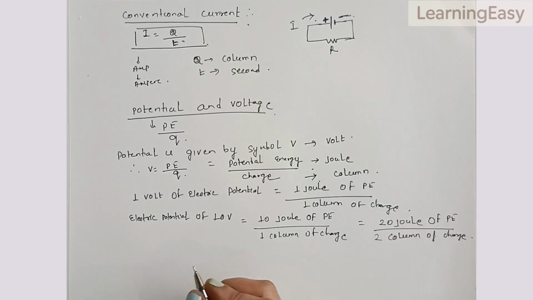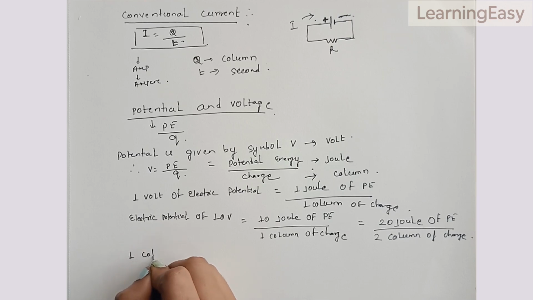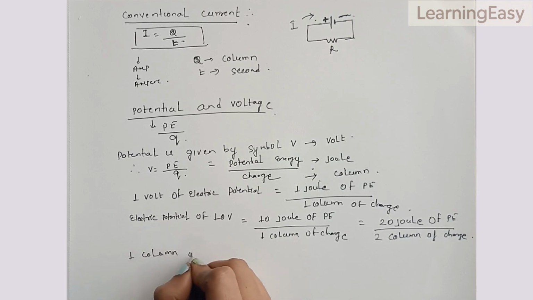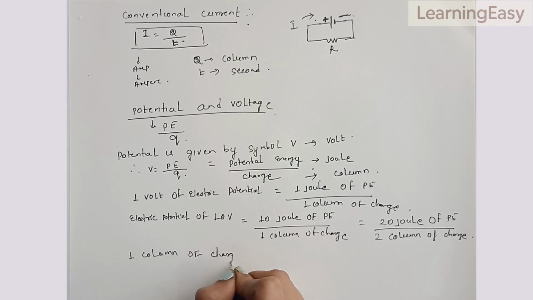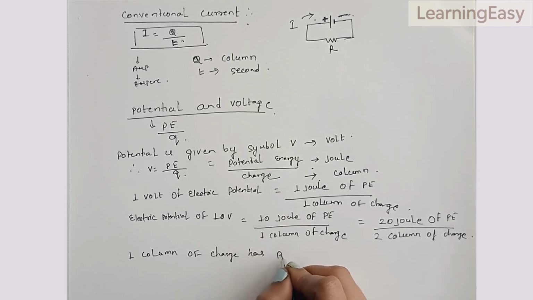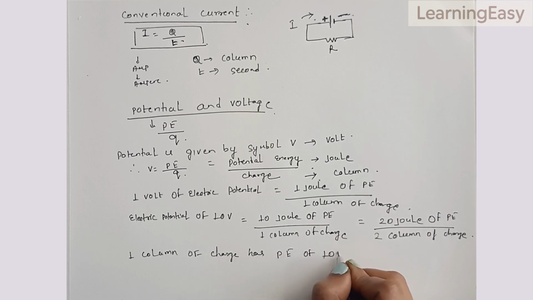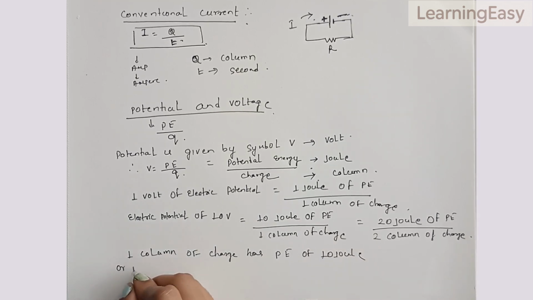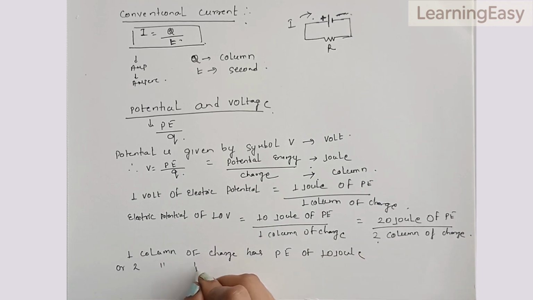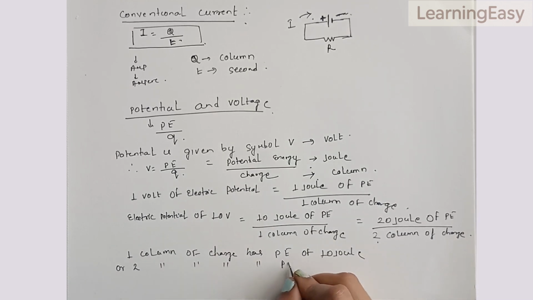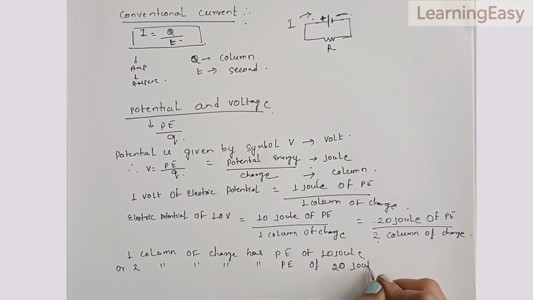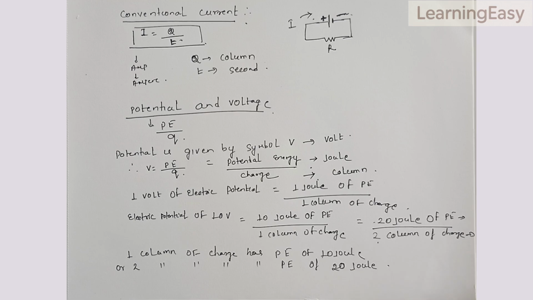That means 1 coulomb of charge has potential energy of 10 joule, or 2 coulomb of charge has potential energy of 20 joule. Hence, electric potential is the ratio of potential energy per unit charge.